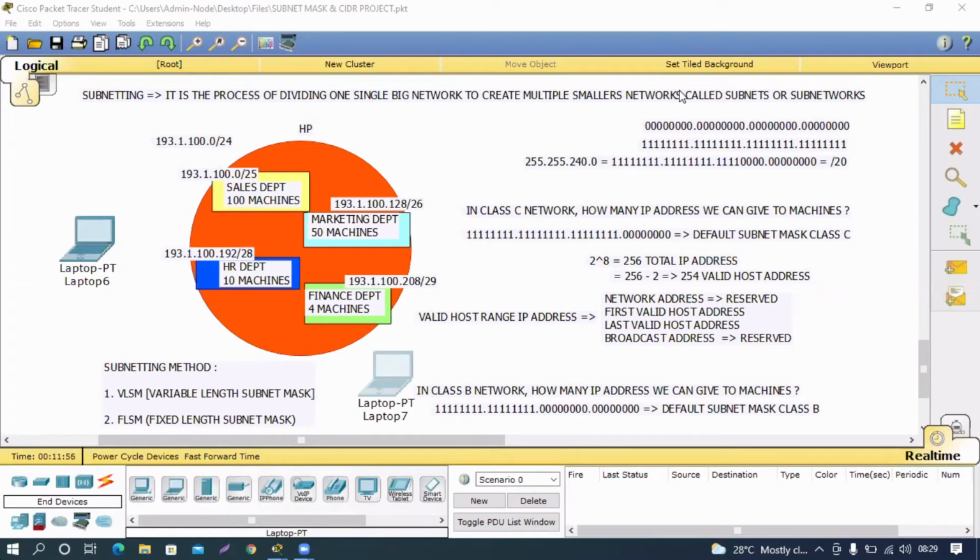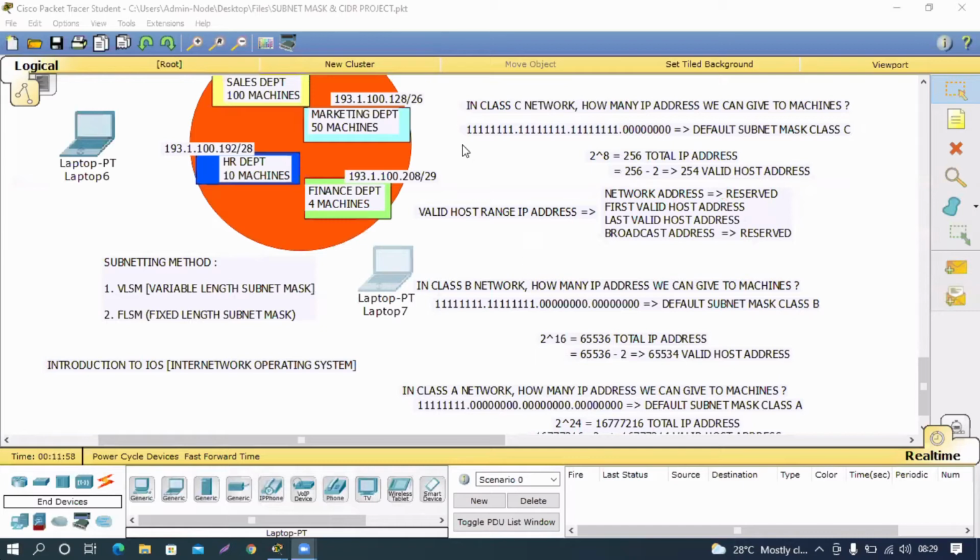Similarly, if we are talking about class B, the same calculation applies. In class B, we have 16 network bits and 16 host bits. So 2 raised to 16 is 65536, minus 2, since network and broadcast are subtracted, and you get 65534 valid host IP addresses.